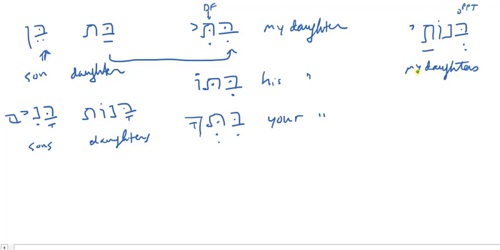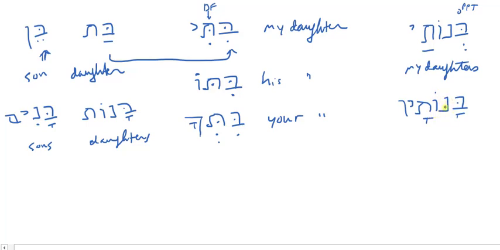So my daughters. What if I want to say his daughters? Ba, no, and then I add his, the helping vowel, a, yod, qamets yod, and then the vav for his. All right, that's a silent yod. Ba, no, tav, accent again is on the final syllable. No is open and pretonic.